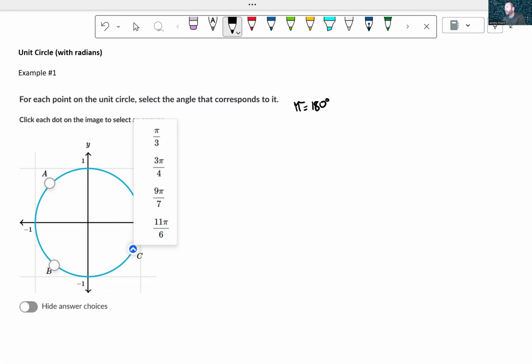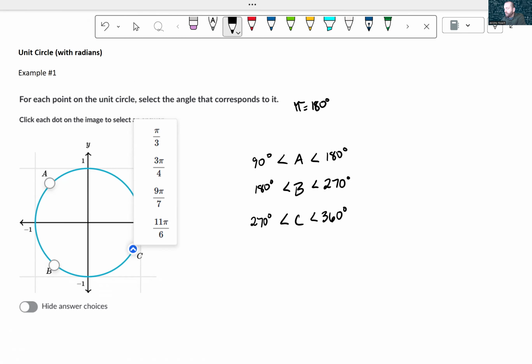So A is between 90 degrees and 180 degrees. B is between 180 degrees and 270 degrees. And C is between 270 degrees and 360 degrees.